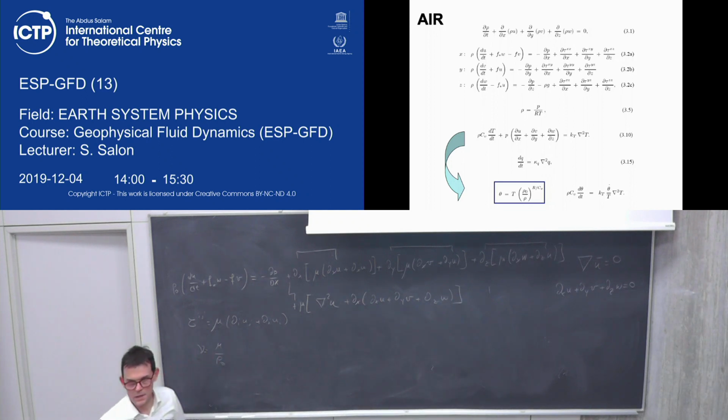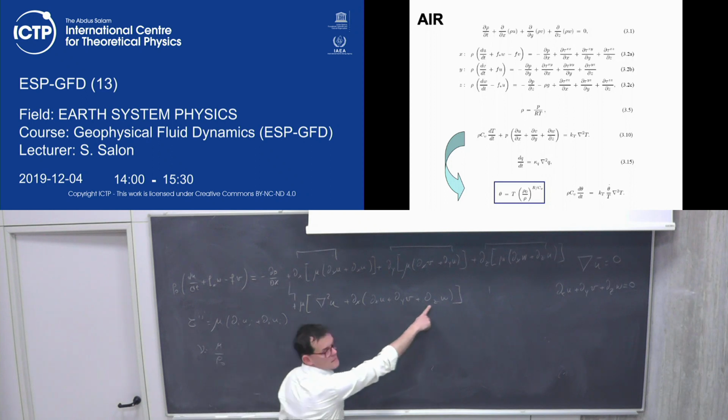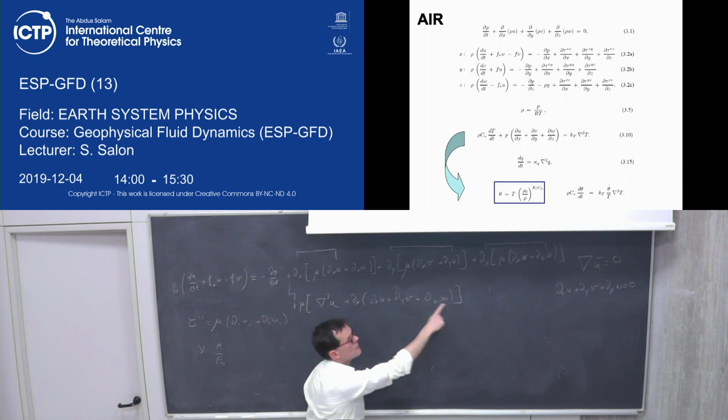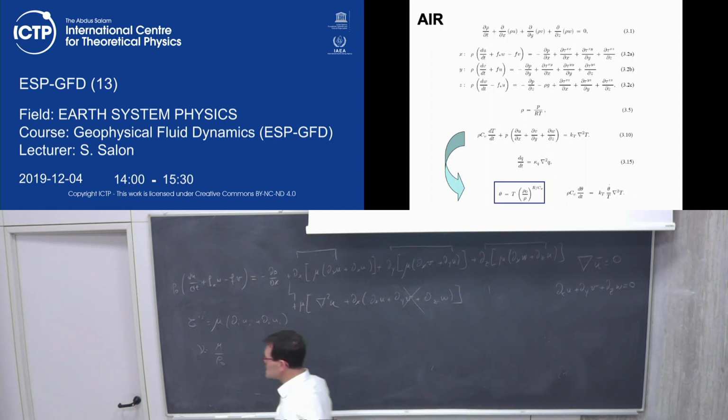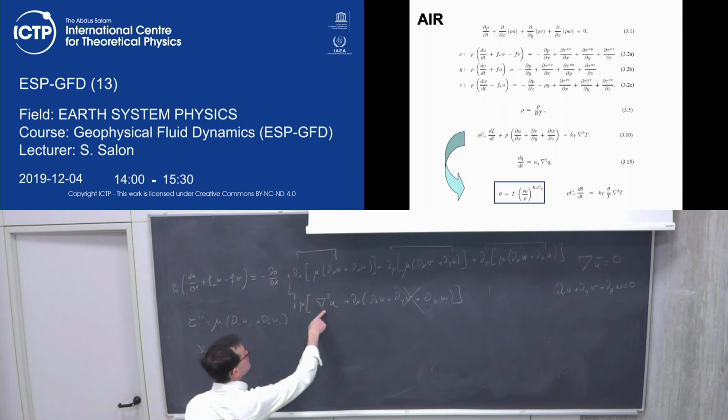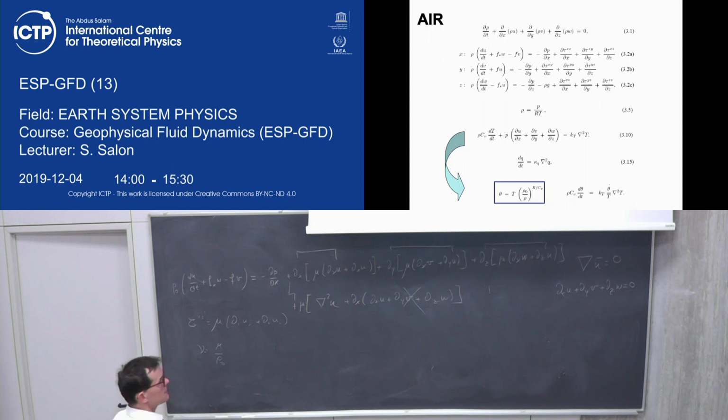Right? So what is this? Divergence. Which is 0. So the Boussinesq approximation strongly reduces the stress term in our momentum equation, which basically is related to the surface forces, only to the Laplacian of the component.